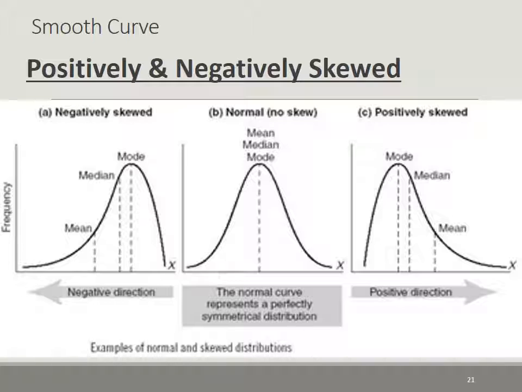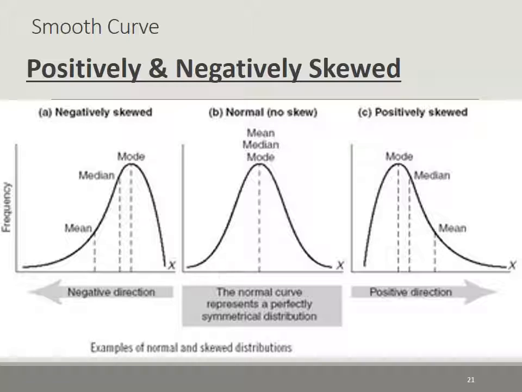Okay, so this is the positive and negative skew, and you're also being able to see negative skew, normal, and its impact on mean, median, and mode. So again, negatively skewed, you're going in the negative direction. Positively skewed is headed in the positive direction, and that's in the sense of not test scores that they're talking about.